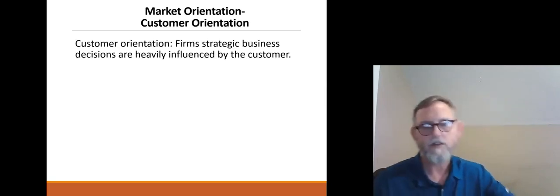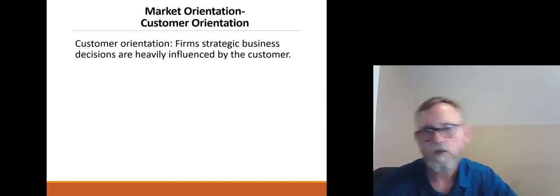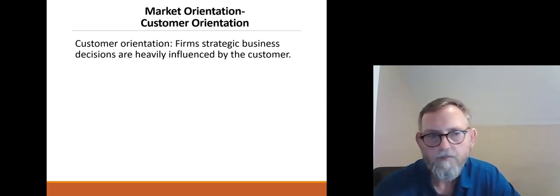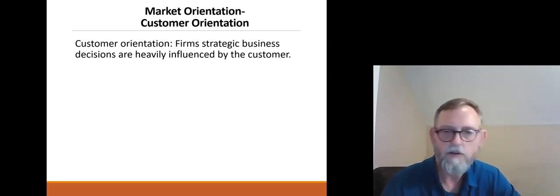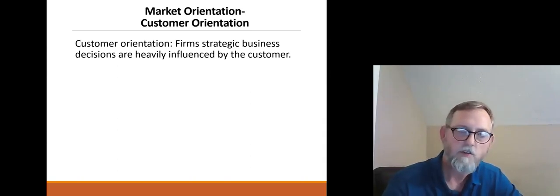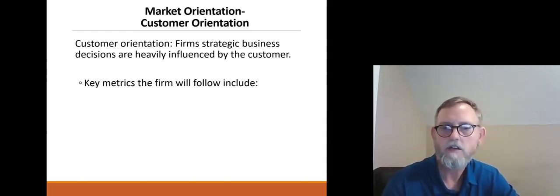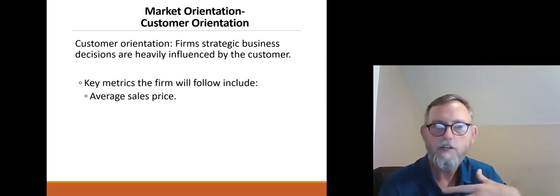When we talk about customer orientation, think about three legs of a stool. This is one of the three legs. Firms are heavily influenced by the customer, and it's manifested in the way they make decisions. They'll follow key metrics that are oftentimes customer generated.